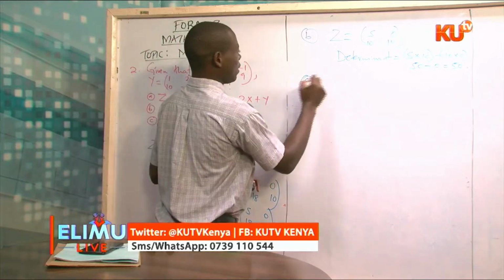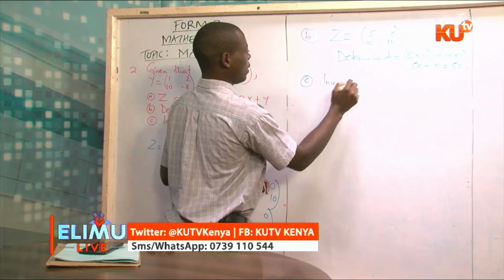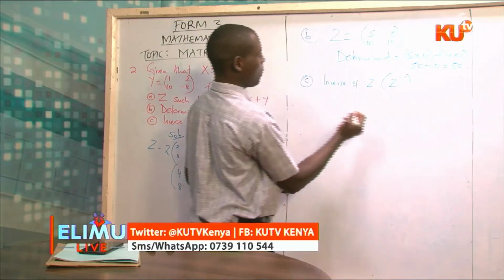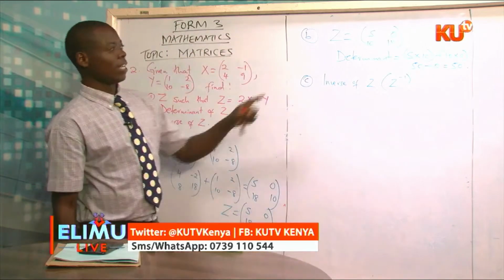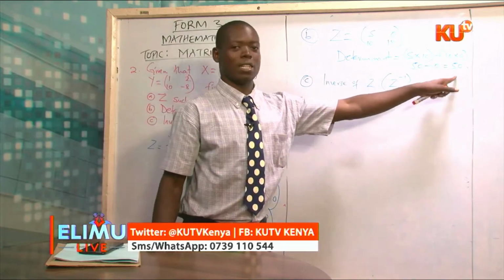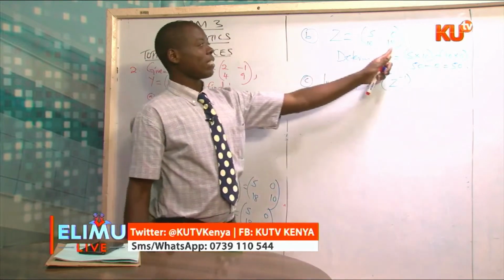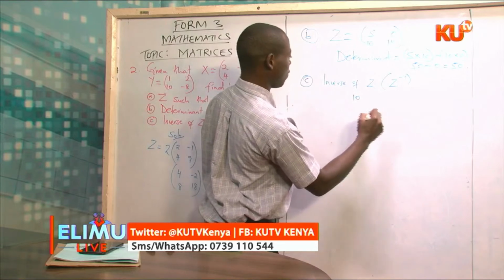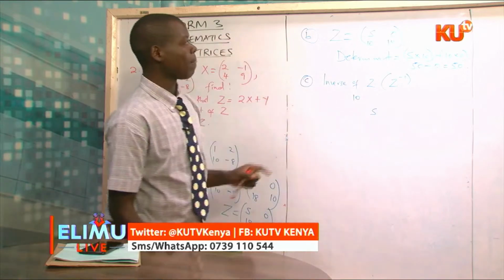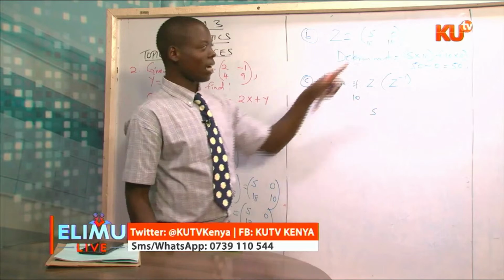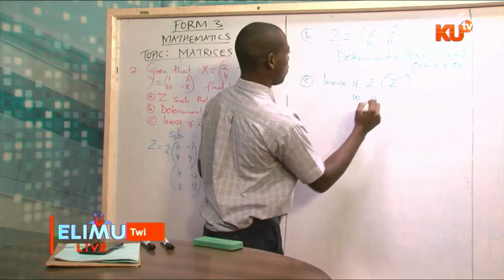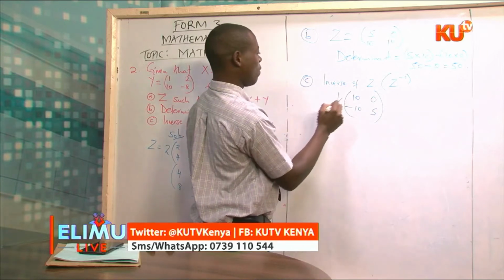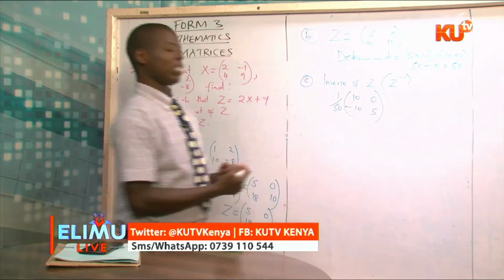What about the inverse? Inverse of Z, which will be written as Z power negative 1. We've said in the inverse, get the determinant, so we already have the determinant. We reverse the elements, so we shall have 10 taking the position of 5 and 5 taking the position of 10, and then have this change in signs. So this will be 0, negative 18. And then we multiply by 1 over 50, which is our determinant.